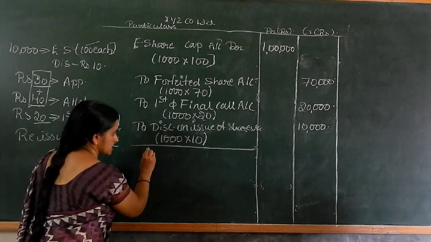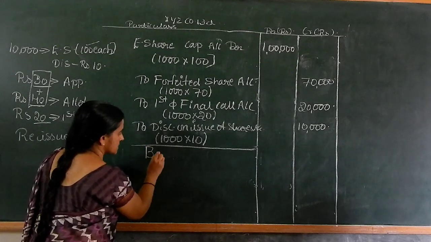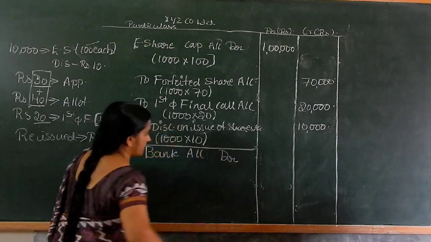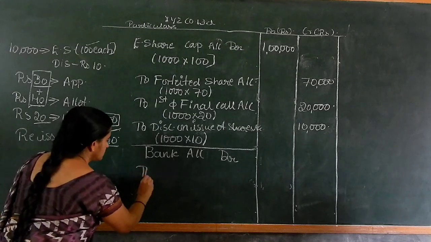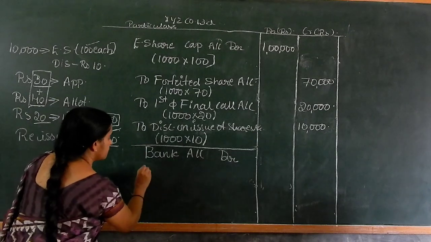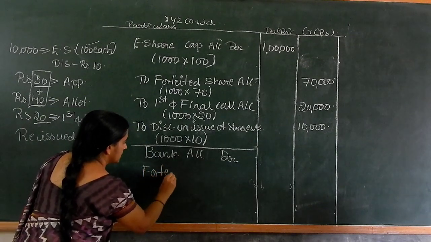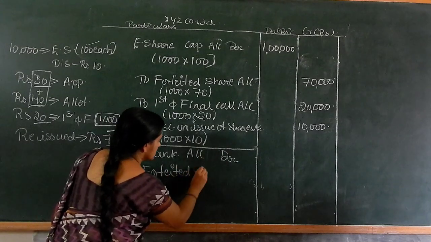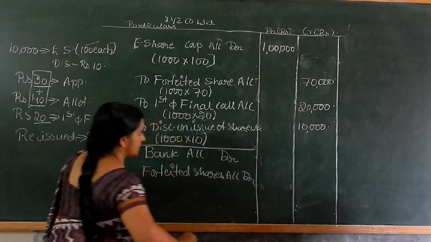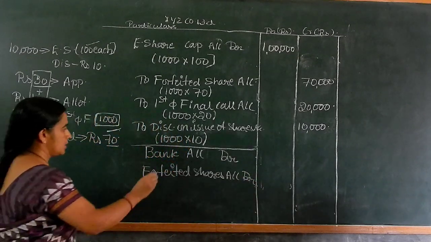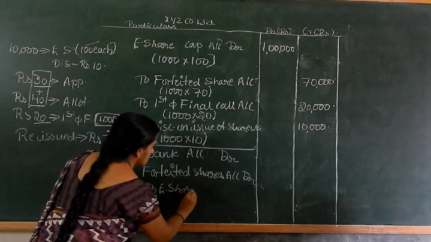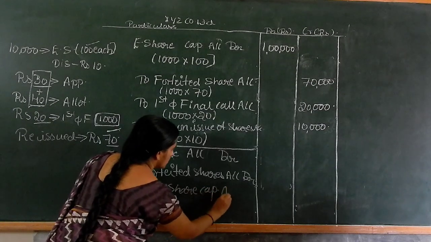So what is the entry now while reissuing the shares? Bank account debited, forfeited shares account debited. Forfeited shares will carry the discount amount, transferred to equity share capital account.